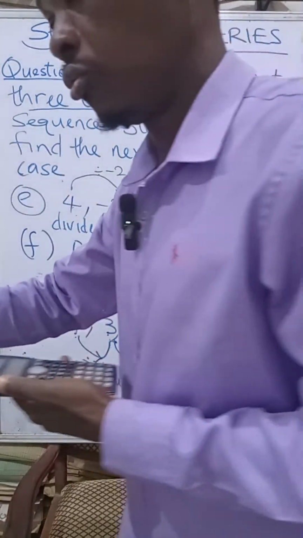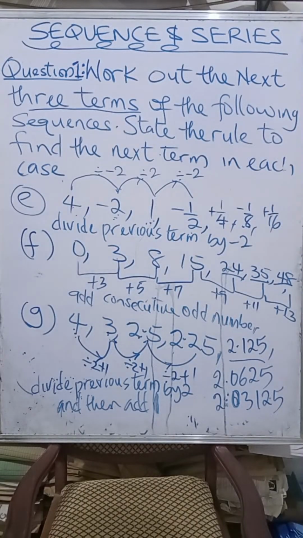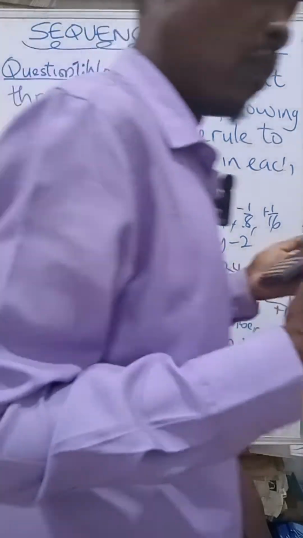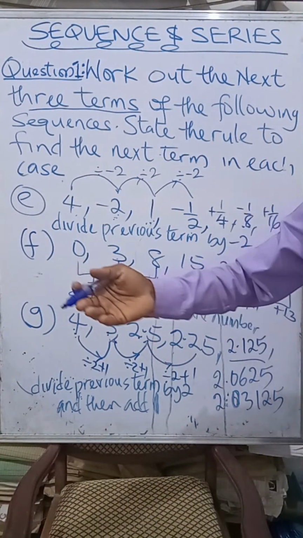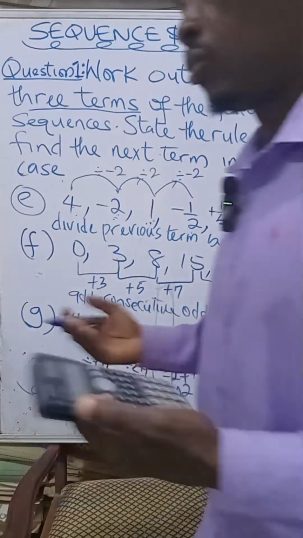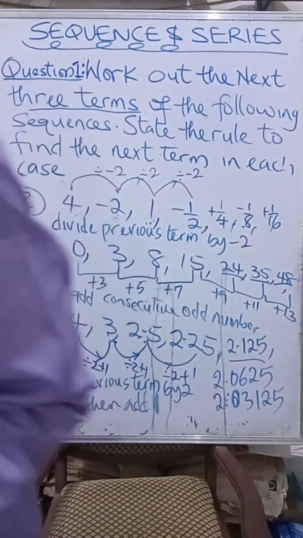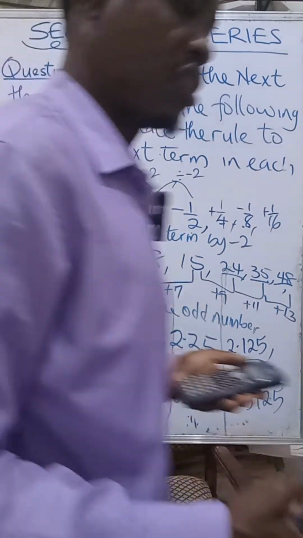You divide by 2, then you add 1. I will keep saying it: there is no particular formula for sequence. You just need to observe the pattern, and then generate your formula. You can do that by constant practice. The more you practice, the faster you become, the faster you think also.